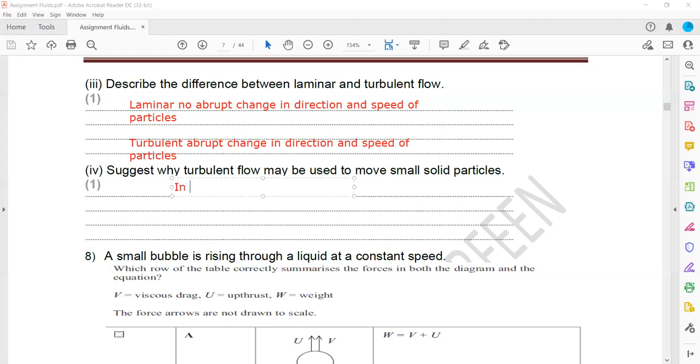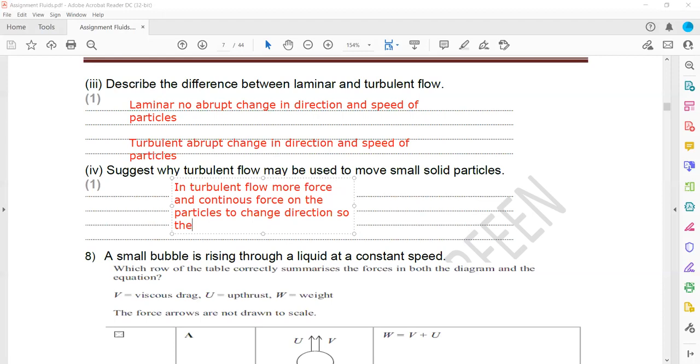So in turbulent flow, more force and continuous force on the particle to change direction, so the particle does not stop.